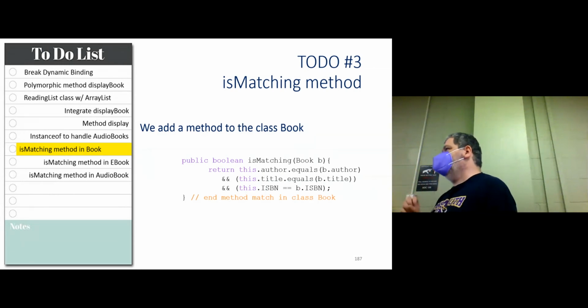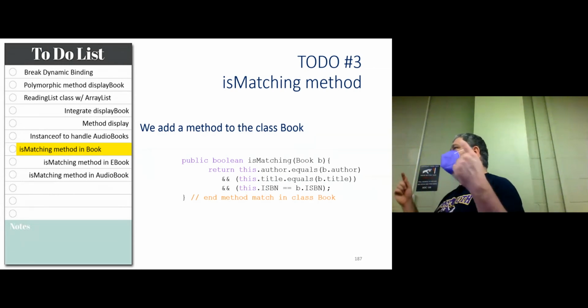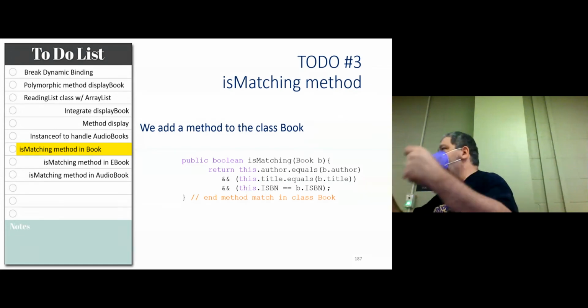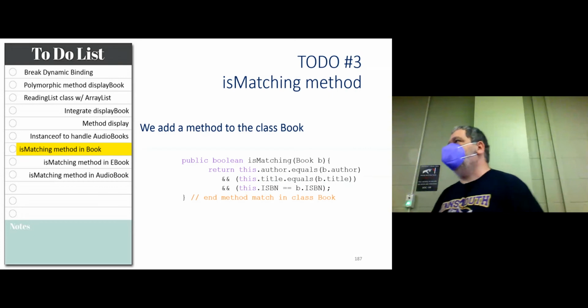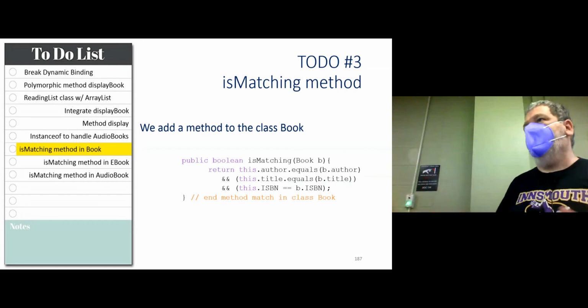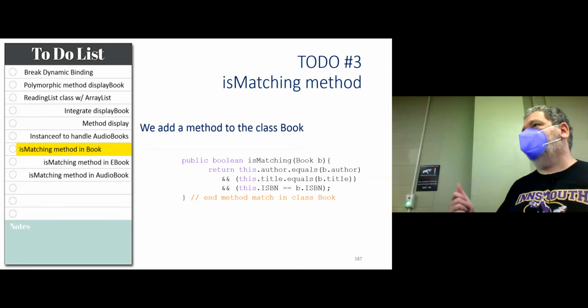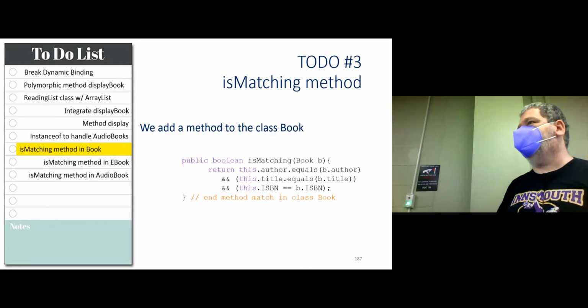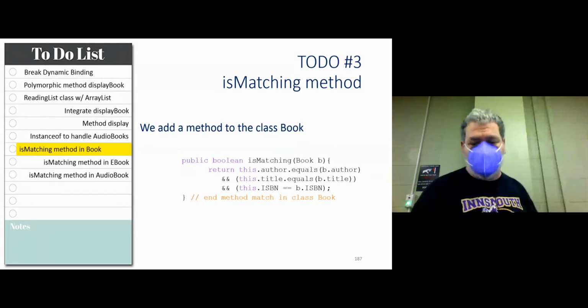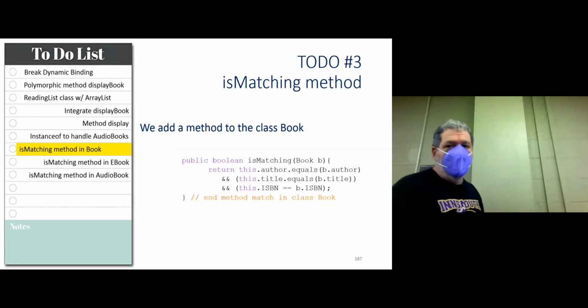You could write equal, but then what you are comparing is the two references to the object, but you are not comparing the contents of the object. So here we have multiple strings. They may be different objects in memory, but as long as they contain the same text, we are okay. We have to use .equals to do that. Does that make sense? So it's a very common source of bugs. So glad you brought that up.